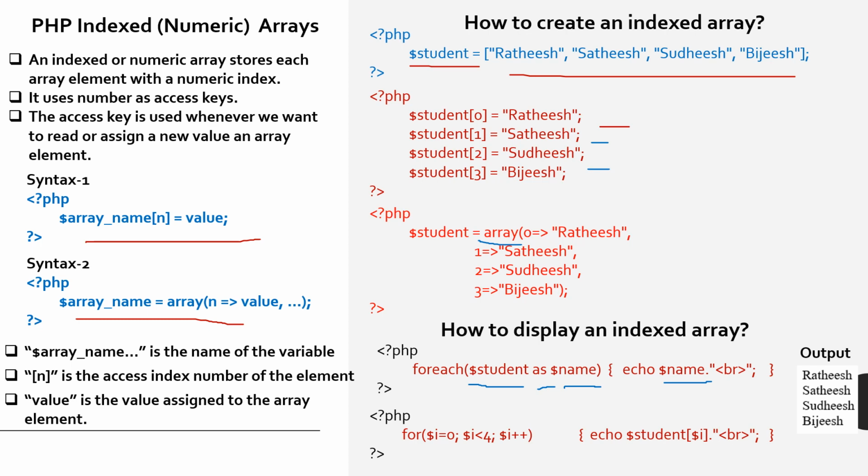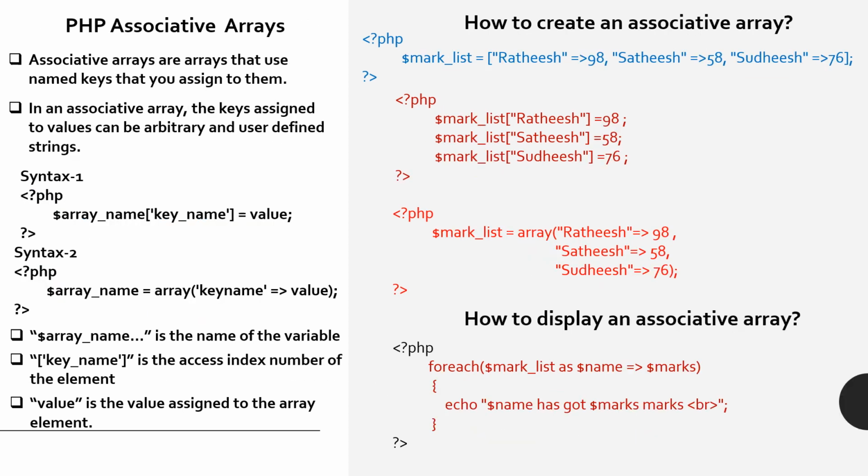Next we are going to discuss associative arrays. Associative arrays use named keys.